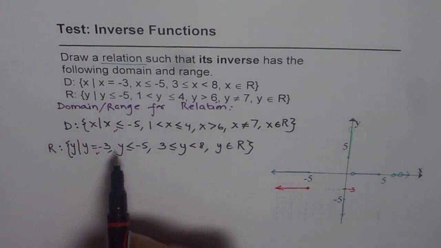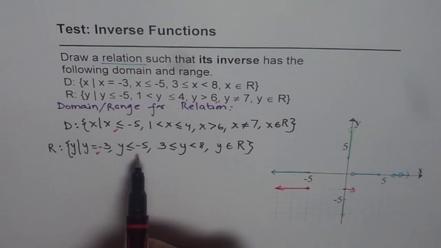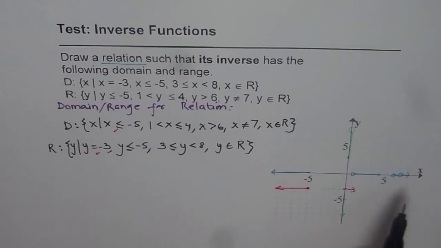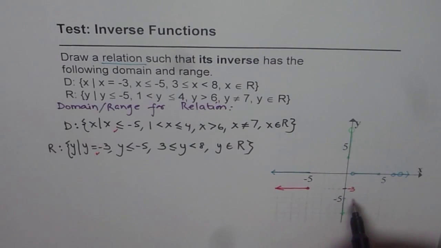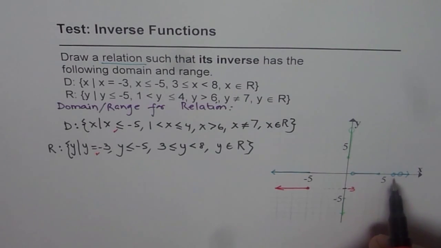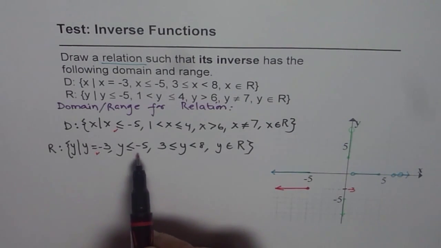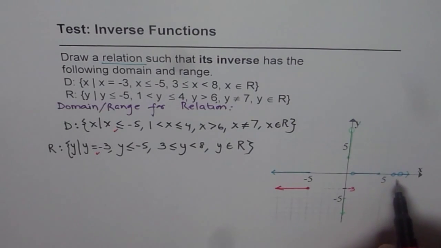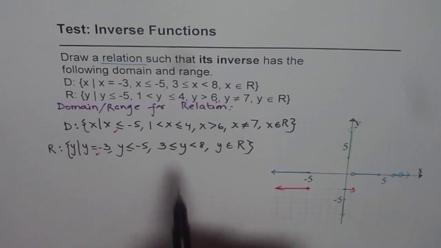Now it says that y is less than or equal to minus 5 and we can select whatever domain we want, but let's take the last one. We say including minus 5, right? Now this is the part of our domain. So minus 5 is included and 8 is not, and y is 3 to 8, right?